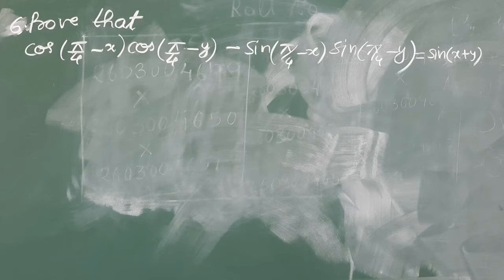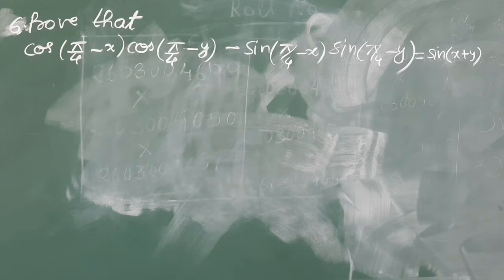We'll start with the left hand side and consider pi by 4 minus x as a, and pi by 4 minus y as b. Then we have to apply the formula of cos(a plus b), because we know that cos(a plus b) equals cos a into cos b minus sin a into sin b. So based on that we will prove.